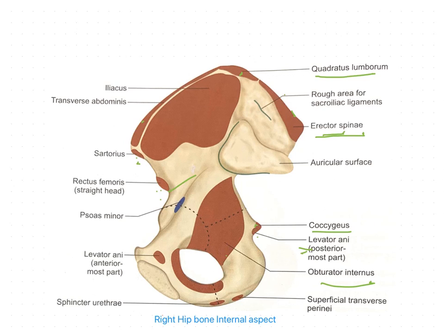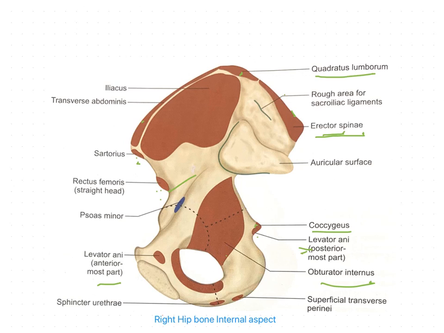Okay, so the same levator ani, anterior most part is attached over the body of the pubis, on the internal aspect, that is levator ani, anterior most part.